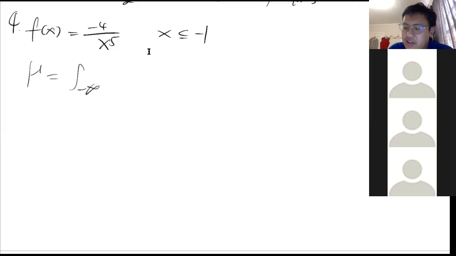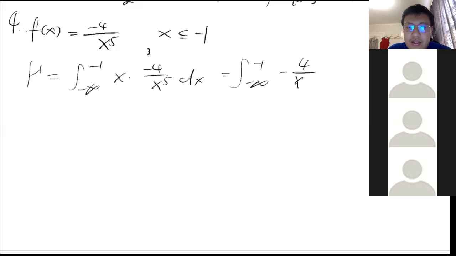Mu is the integral from -infinity to -1 of x f(x) dx. This is equal to the integral from -infinity to -1 of -4 over x to the 4th, which is 4 over 3 x to the -3 evaluated from -infinity to -1, which is -4 over 3.